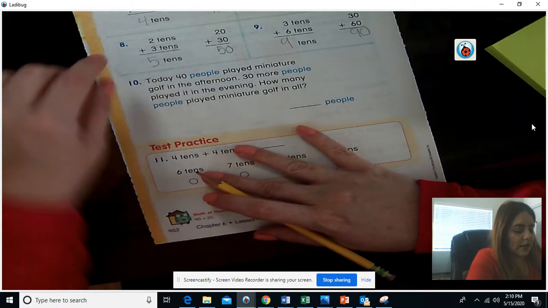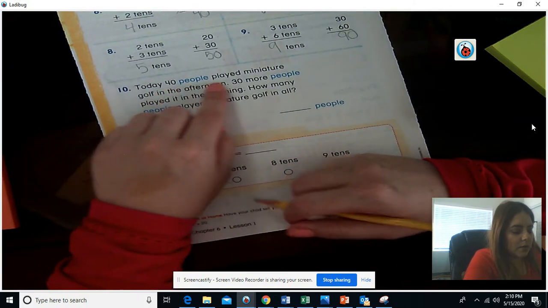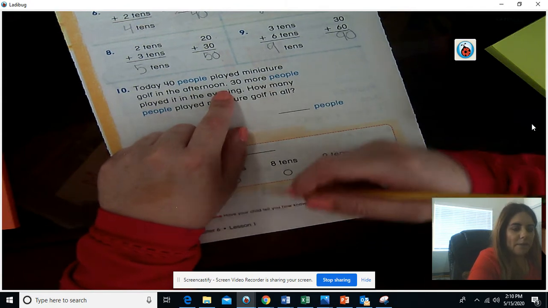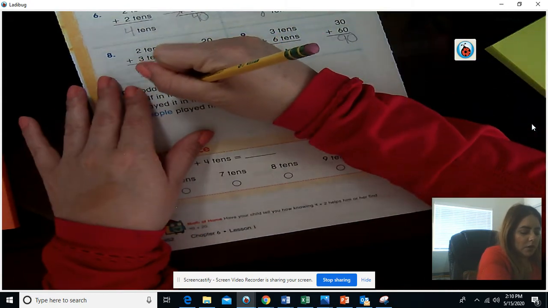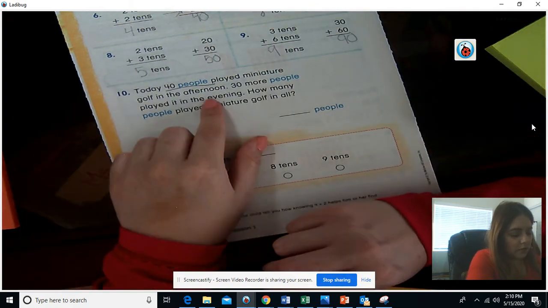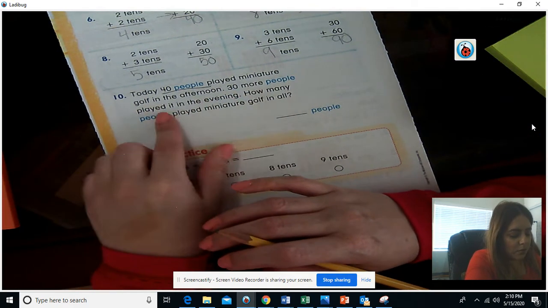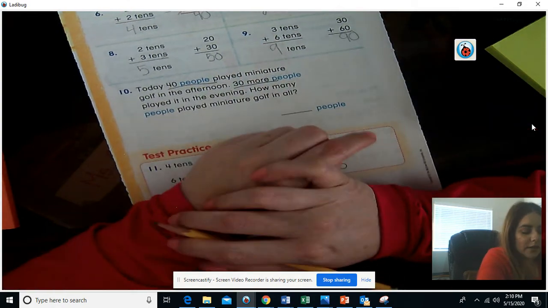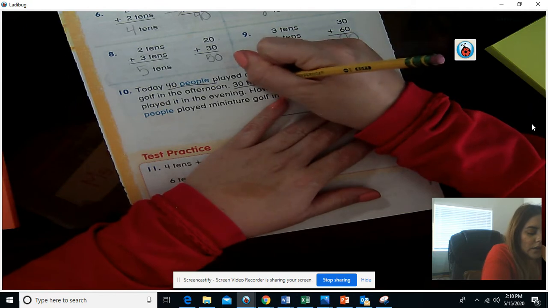Okay, number 10 says, today 40 people played miniature golf in the afternoon. So let's underline what we know. 40 people played miniature golf in the afternoon. 30 more people played in the evening. 30 more. And remember that key word? Circle it.